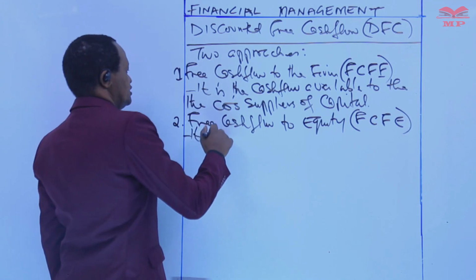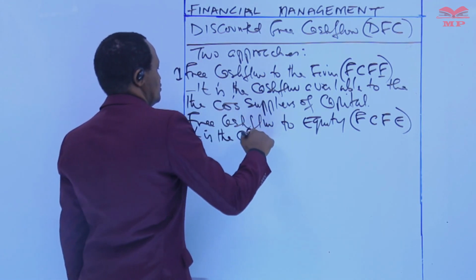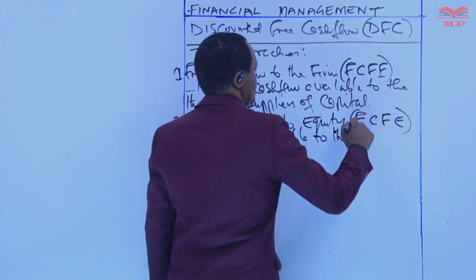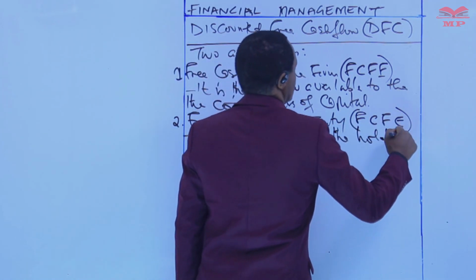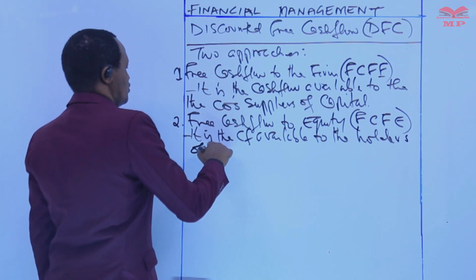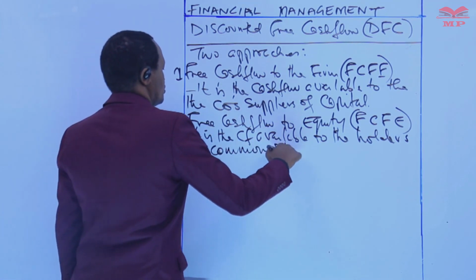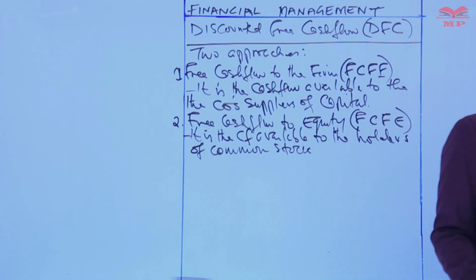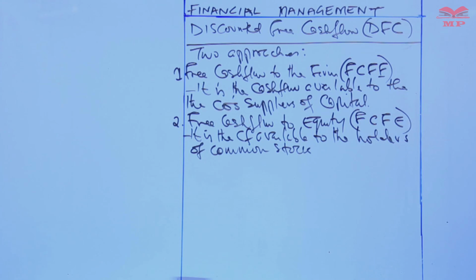It is the cash flow available to the holders of common stock, the ordinary shareholders, after all operating expenses, interest, and principal payments have been paid, and the necessary investments in working capital and fixed capital have been made.